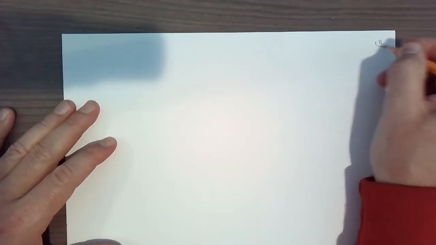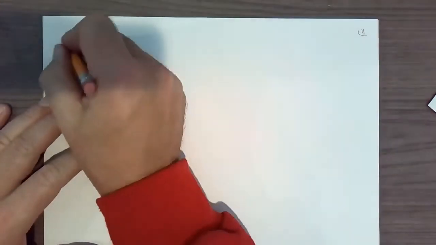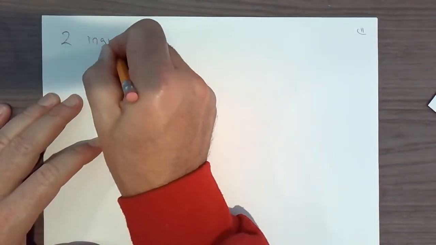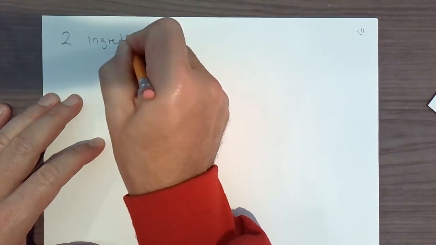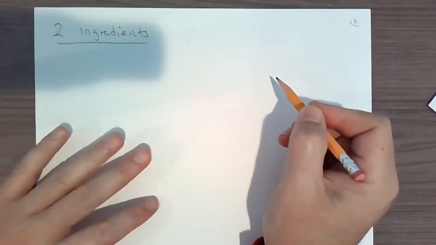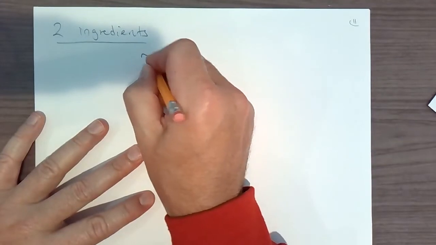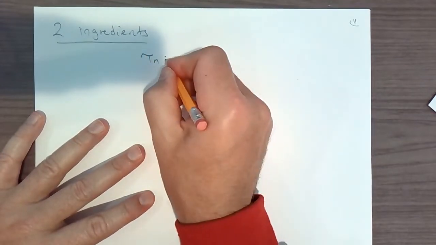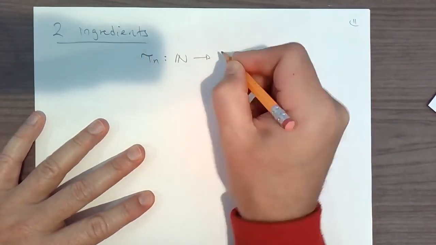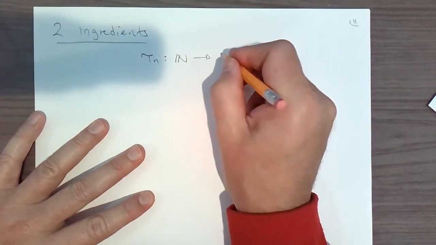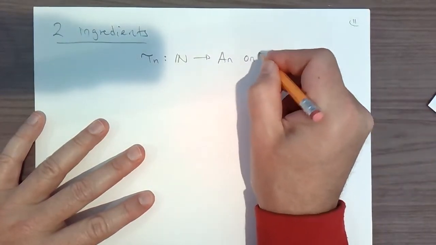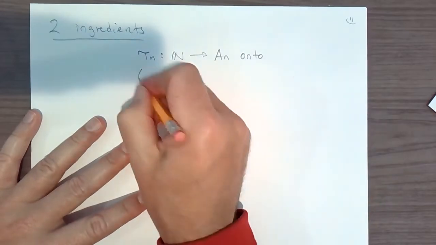This is the notation, I think. The notation is the thing that's the hardest, right? So it takes 2 ingredients. The first one is tau n. This is a function that goes from the natural numbers over to these sets A_n, and this is onto.